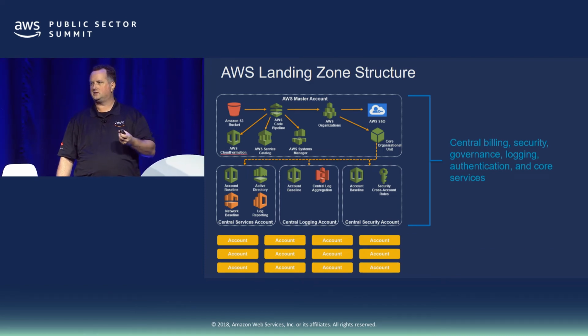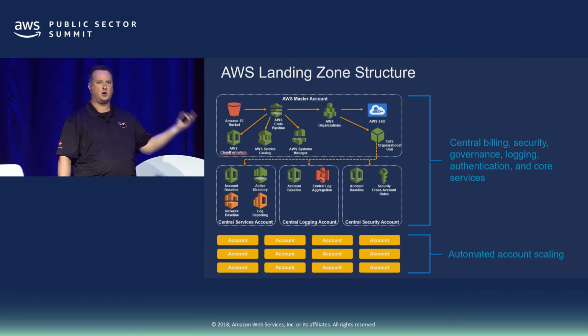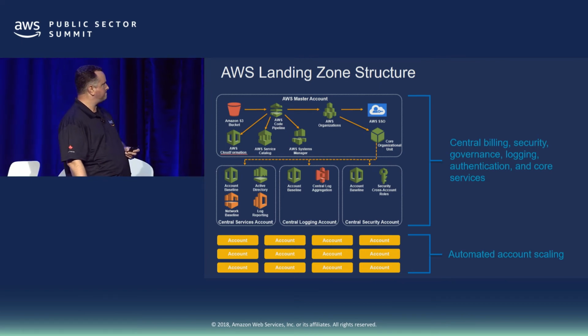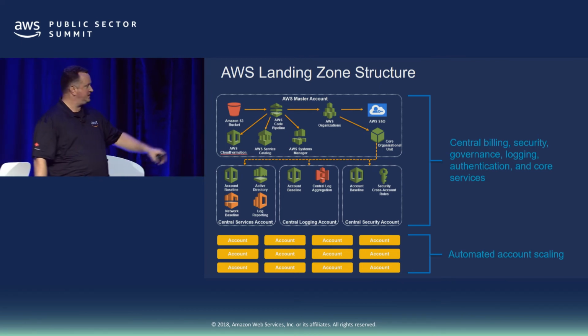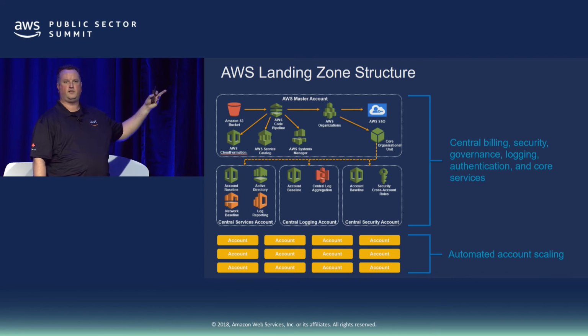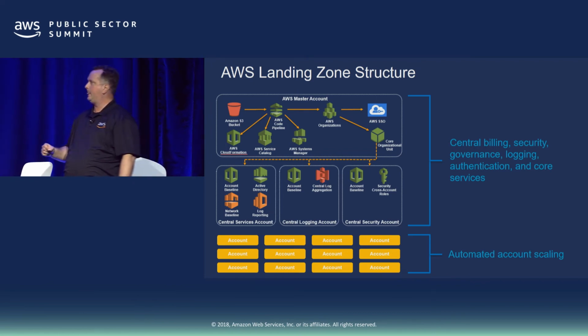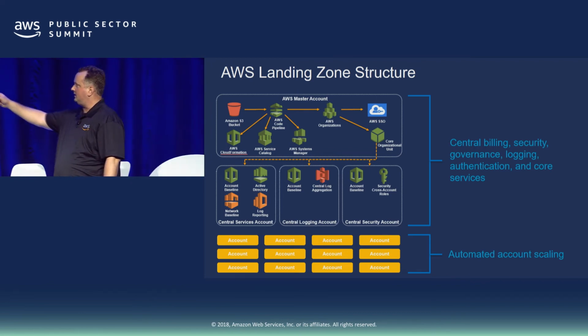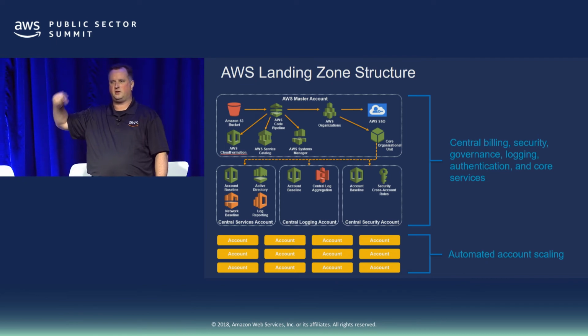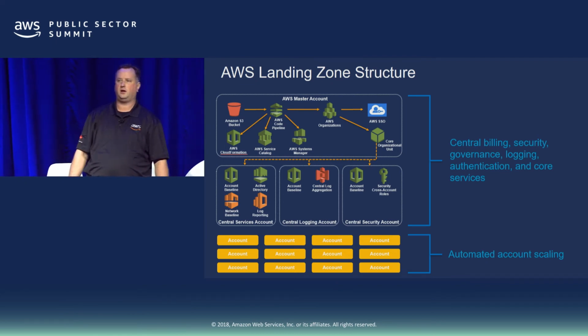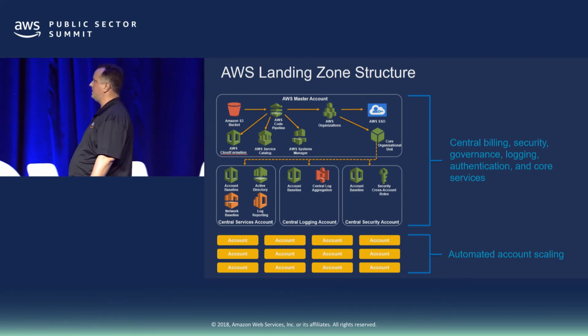The member accounts in this case are all the workload accounts, different projects, different workloads, and whatnot. The neat thing is that those member accounts, when you create them out of the vending machine, will be automatically tied back for central log aggregation. So CloudTrail is going back to that central logging account. The cross-account roles that you have in the security account will be able to come into the member accounts in a break glass type access method if required.